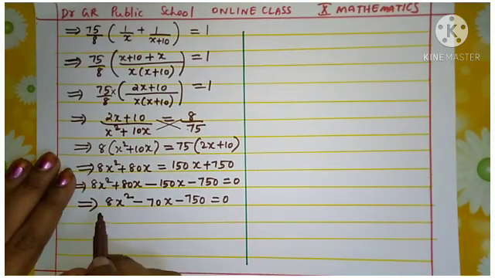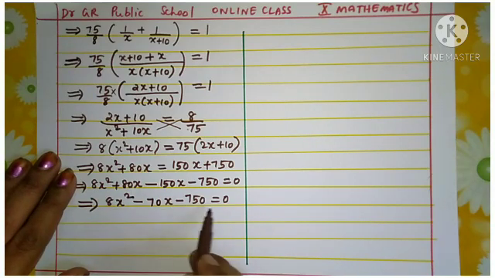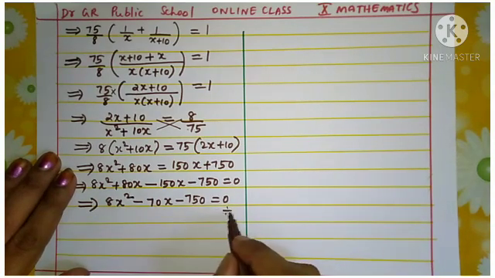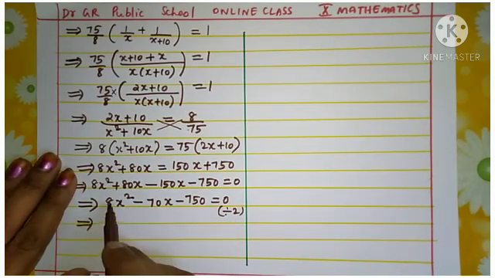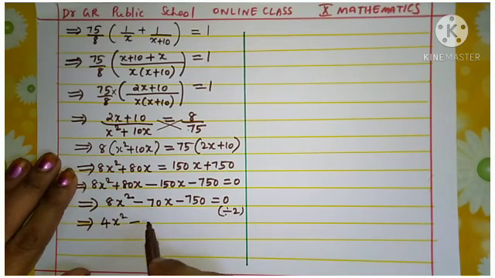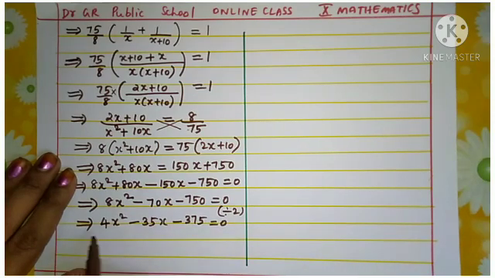Now you see this equation can be reduced some more by dividing throughout by 2. So 8 divided by 2 is 4, 4x square minus 70 divided by 2, 35x, minus 750 divided by 2 is 375 equal to 0. Okay, now it came to a more simplified form.